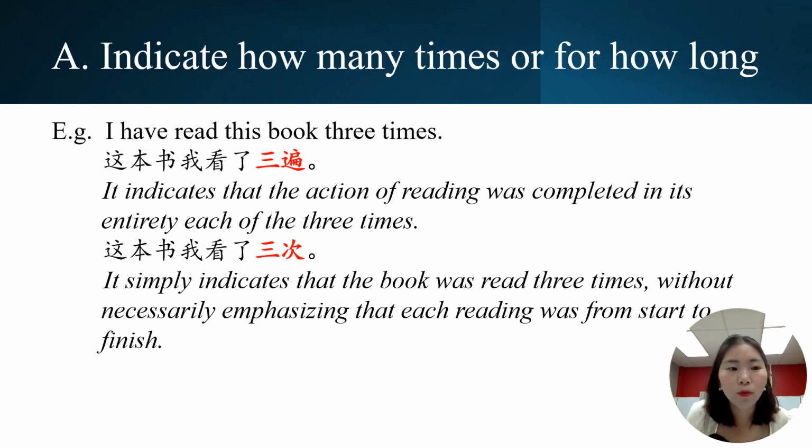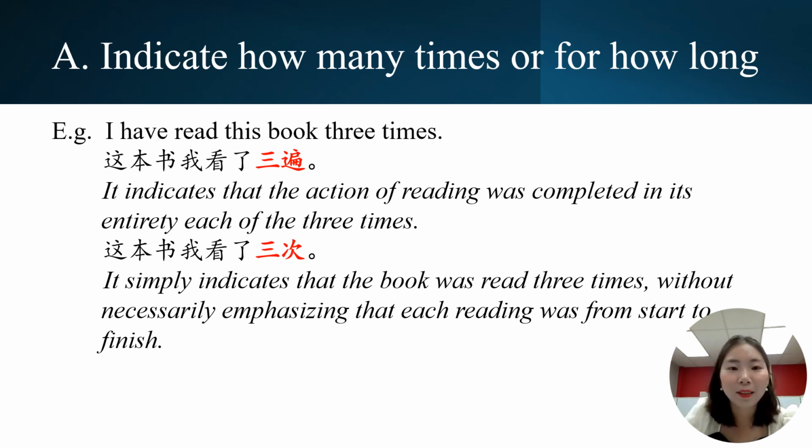For example, 这本书我看了3遍. I have read this book 3 times. It indicates that the action of reading was completed in its entirety each of the 3 times. 这本书我看了3次. It simply indicates that the book was read 3 times, without necessarily emphasizing that each reading was from start to finish.